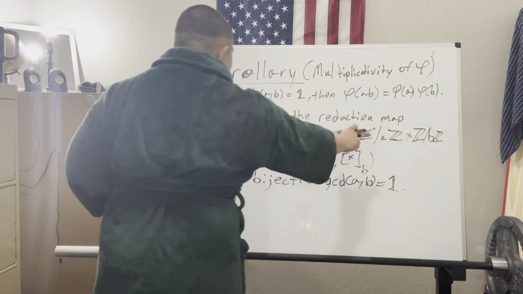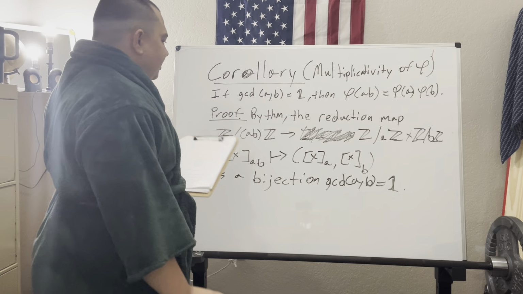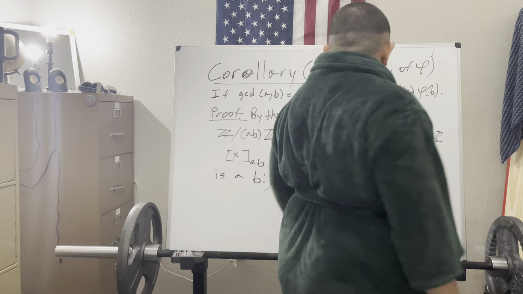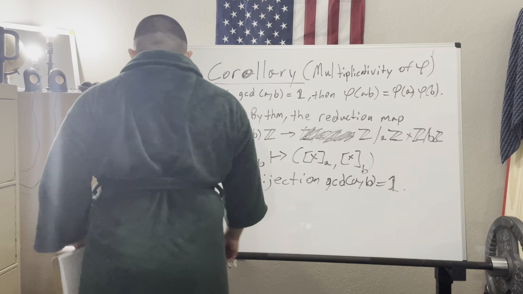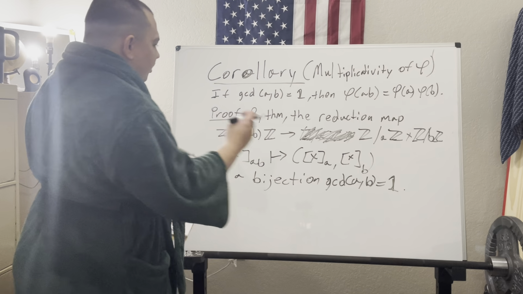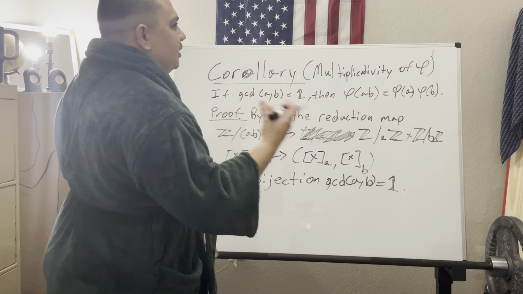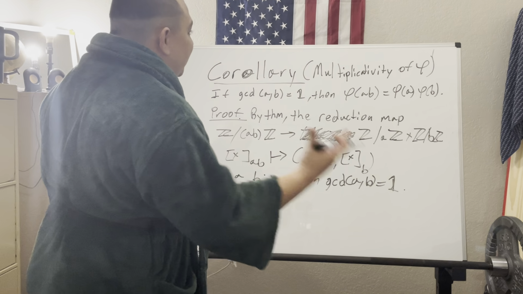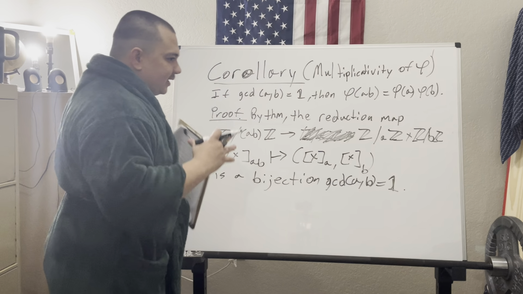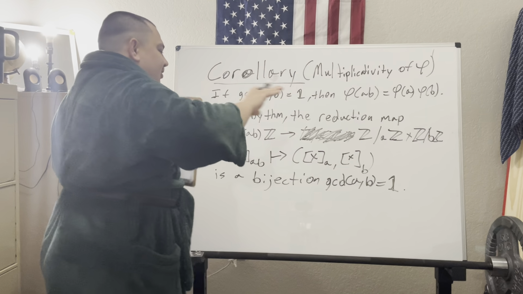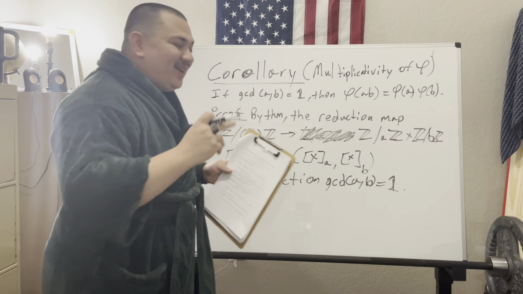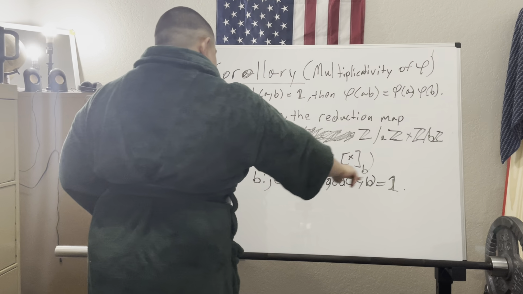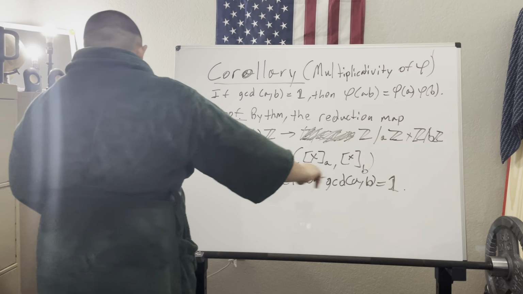There's certain things that I can't really say about what these are because we haven't talked about that yet, so I'll use phrases to delineate what they are in reference to what we currently have knowledge of; not we as a species, but where we're currently at. So this is a bijection, GCD of AB equal to 1.